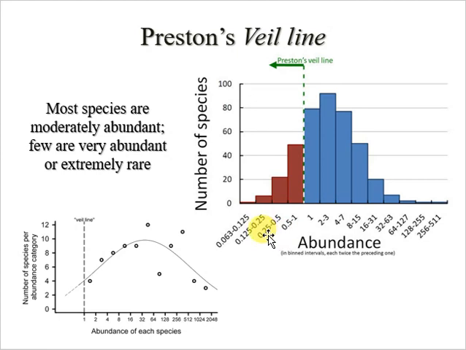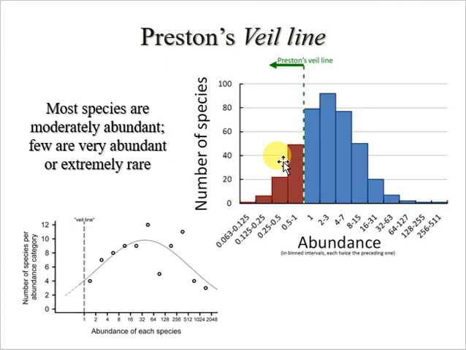Now the proportion of the graph in this red color that's to the left of this veil line is theoretical, right? It's depicting those species that are expected to be present but have very low abundances. And likely their low abundance levels prevent them from actually being represented in a sample that a researcher takes.